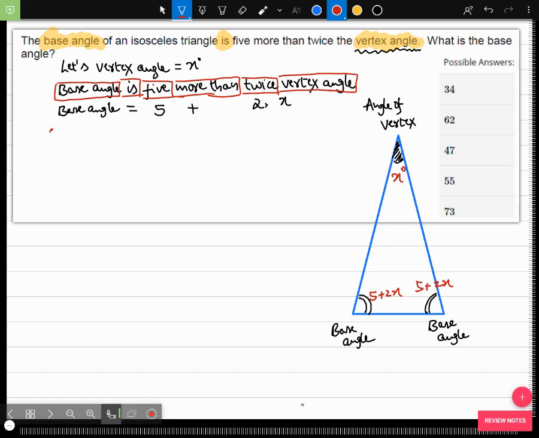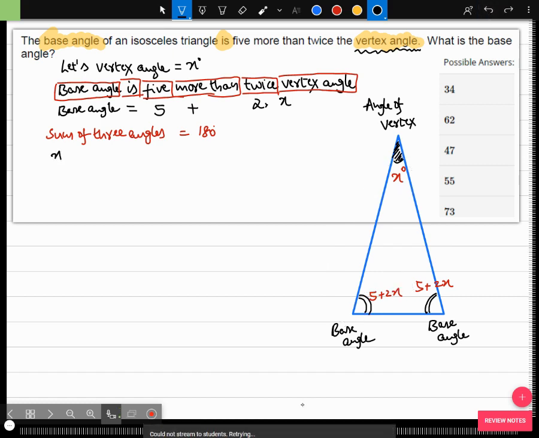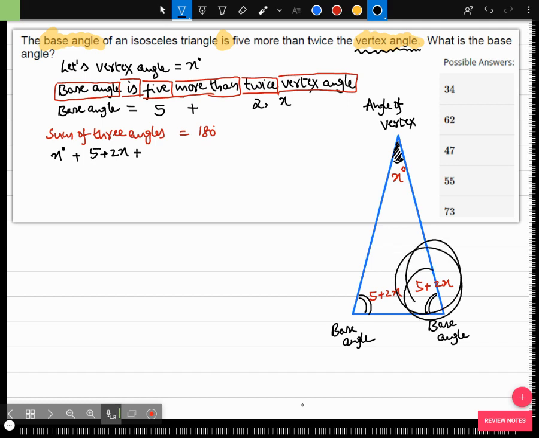We know the condition that the sum of three angles of a triangle is 180 degrees. Therefore, the first one is x, the second one is 5 plus 2x. So let me sum up all these: x degrees, 5 plus 2x, and the next one is also 5 plus 2x.